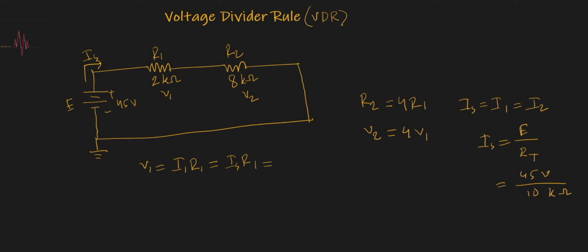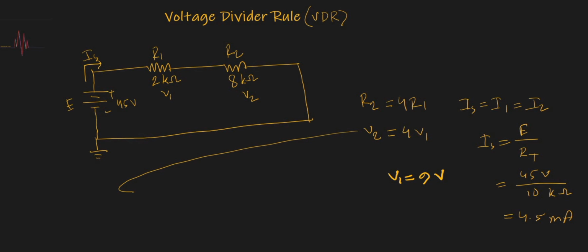So what is the value of Is? Is 4.5 milliampere into 2 kilo ohm. Here 2 is the value of R1, and V1 is 9 volt.